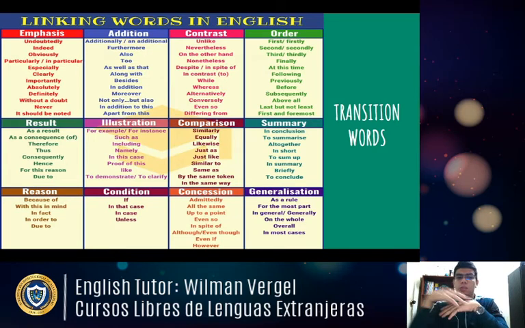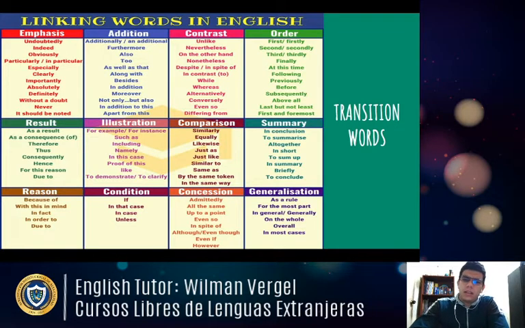For result, as a result, as a consequence. Then illustration and comparison: similarly, equally, those are for comparison. Summary: in conclusion, to summarize. Reason: because of. Conditions: in that case. Concession: all the same, in spite of. Generalization: as a rule, for the most part. So we have some categories here.